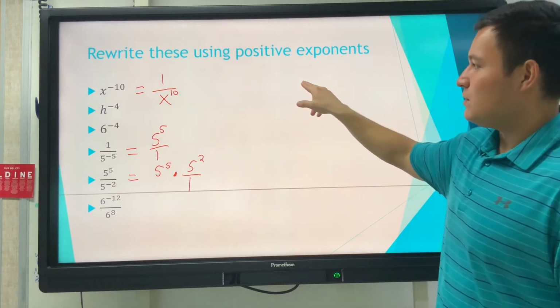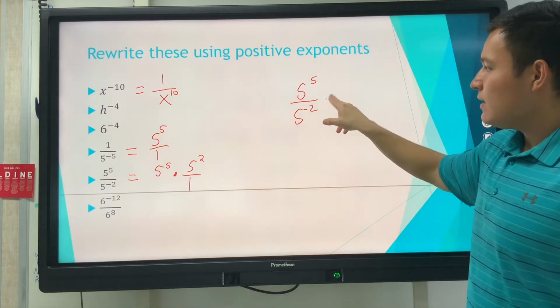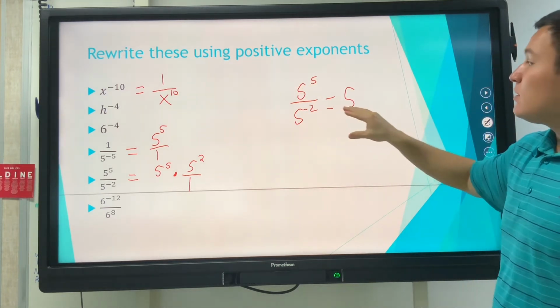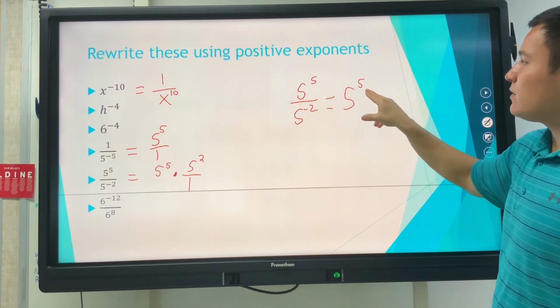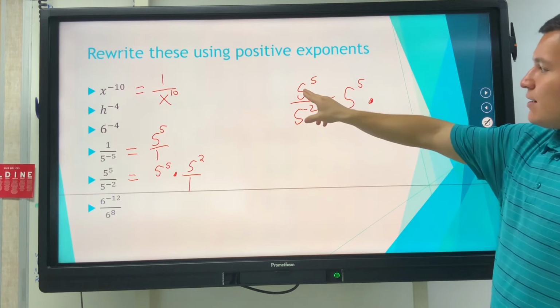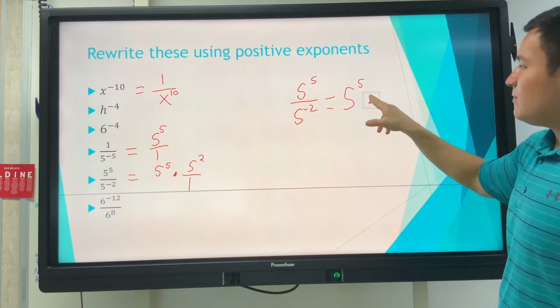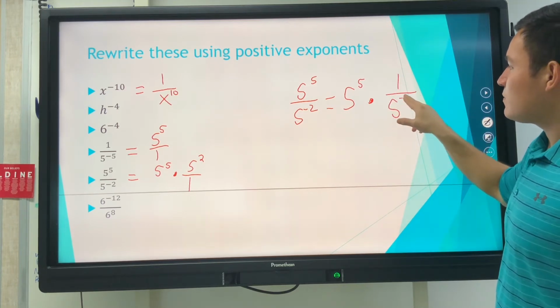Let me show that over here. 5 to the 5th over 5 to the negative 2 is equal to, I'm going to expand this. This is equal to 5 to the 5th times this number is being divided by this number. So that's the same thing as multiplying by the fraction.